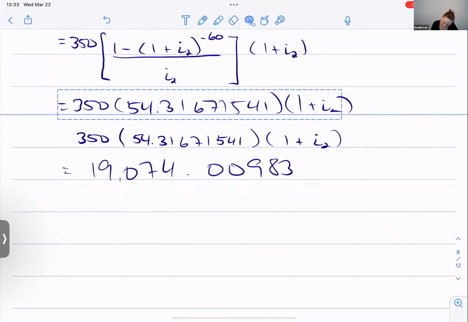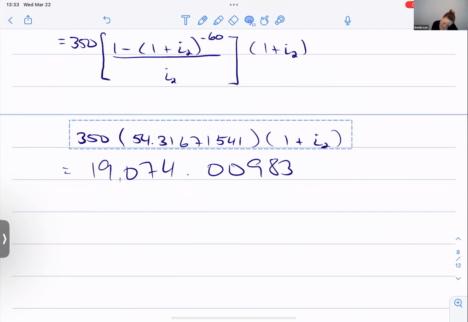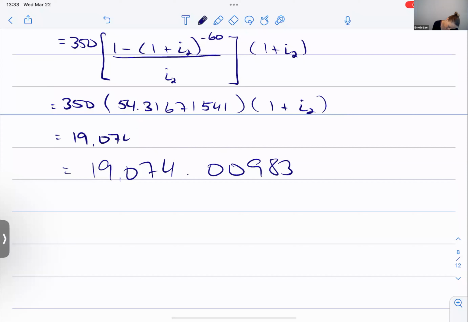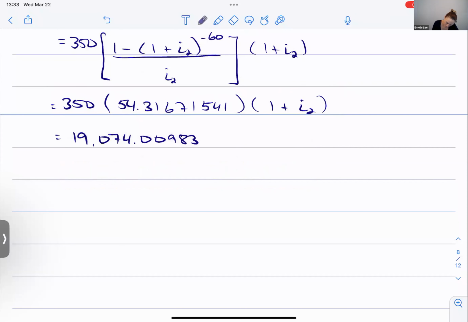And delete this, move this up. $19,074.00983, which is 19,074 and 1 penny. There. Yoof.